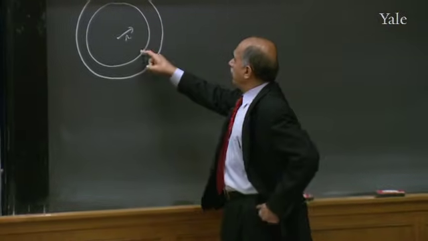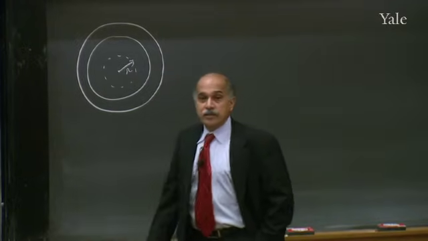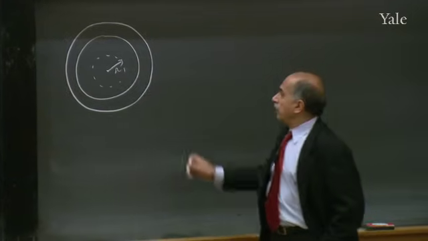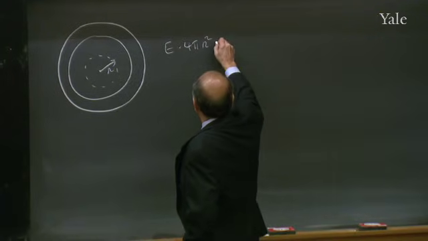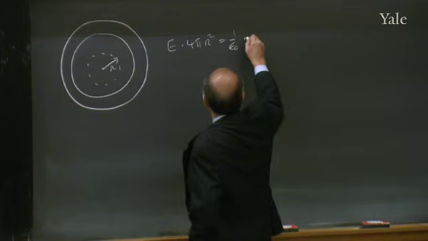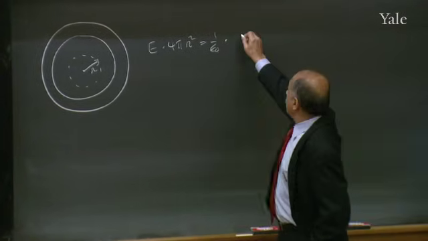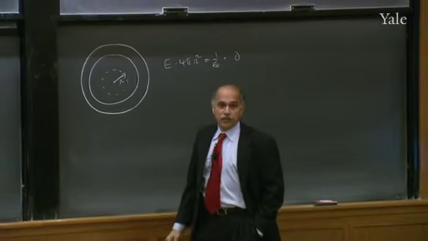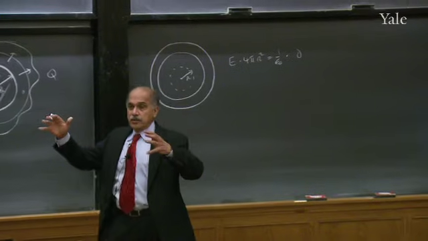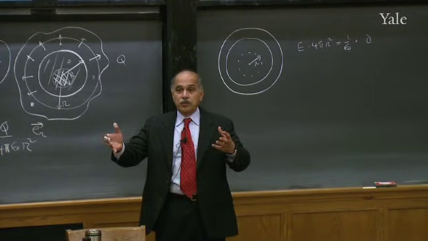So if you want the field here, you take a Gauss's law sphere like that, and you'll get E times 4 pi r squared is equal to 1 over epsilon 0 times what? Nothing. So the electric field inside a hollow sphere is 0. In other words, if you took the Earth and you scooped a big hole in the middle, you can float. It won't pull you at all.